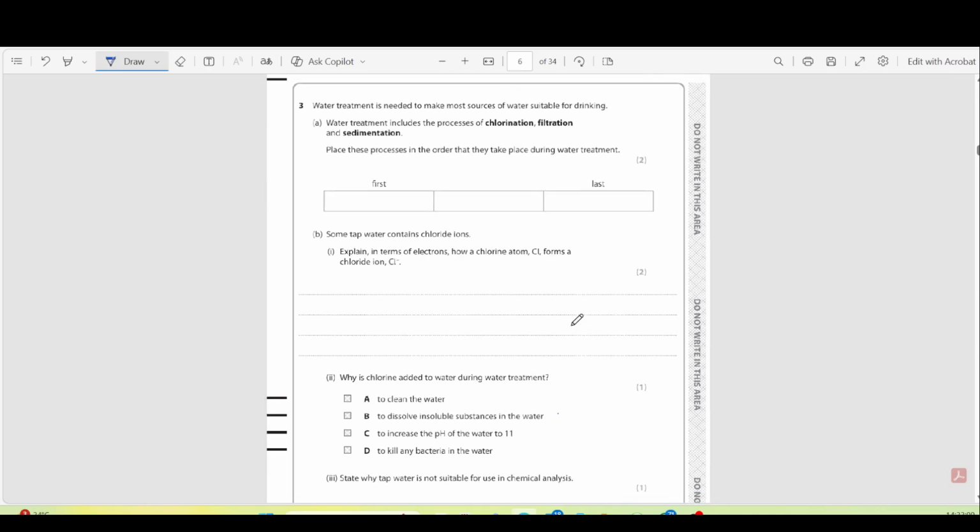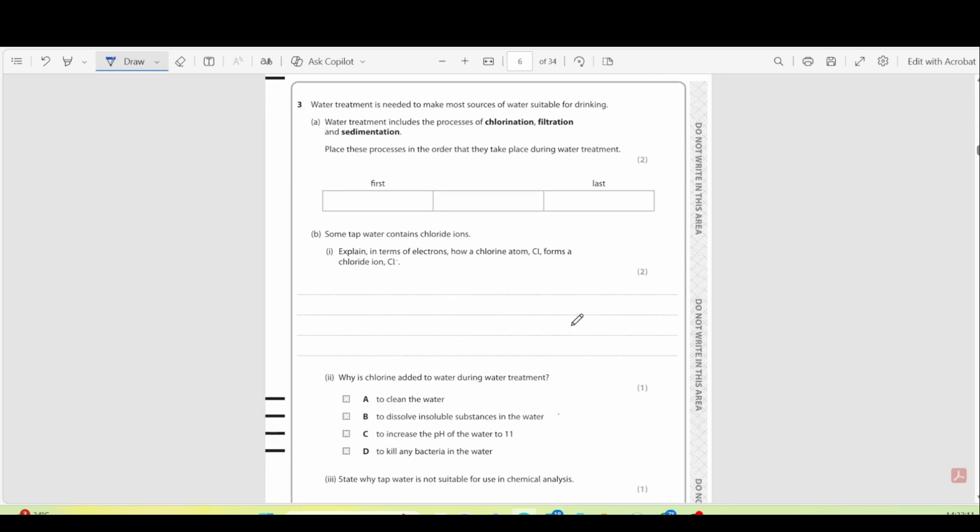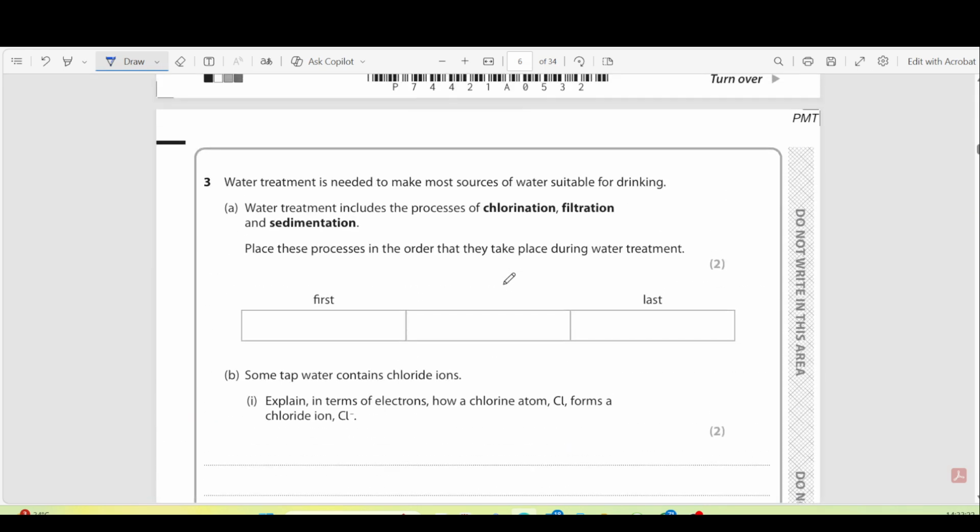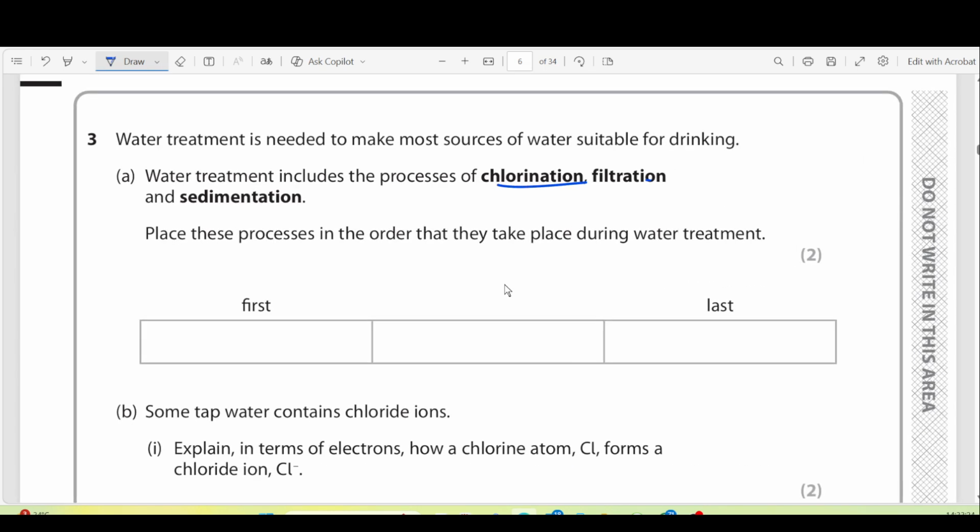Okay, this is question 3, which says water treatment is needed to make most sources of water suitable for drinking. There are some processes given, like chlorination, filtration, and sedimentation. We have to place them in order. So first, during water treatment, is sedimentation. This will go here because large insoluble particles are allowed to settle to the bottom, and that is called sedimentation.